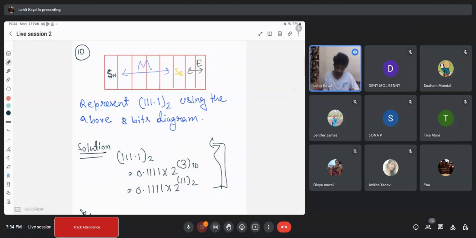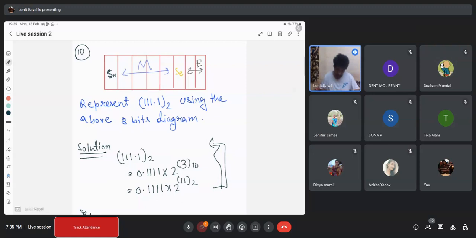Here the number is 111.1 in base 2, so the mantissa part is four ones, 1111. This is the base part, the main body of the number in common words. Just go through lecture 2 or lecture 3, where the definition of mantissa is explained very clearly. Okay, sir.